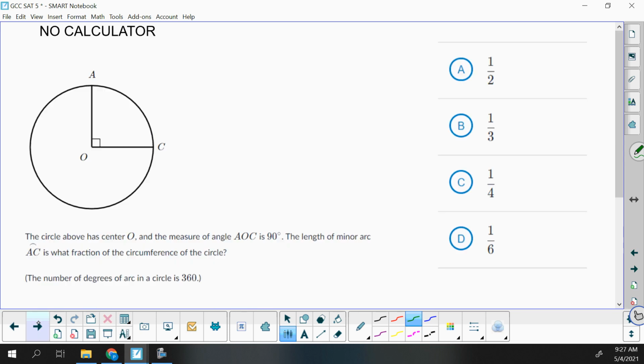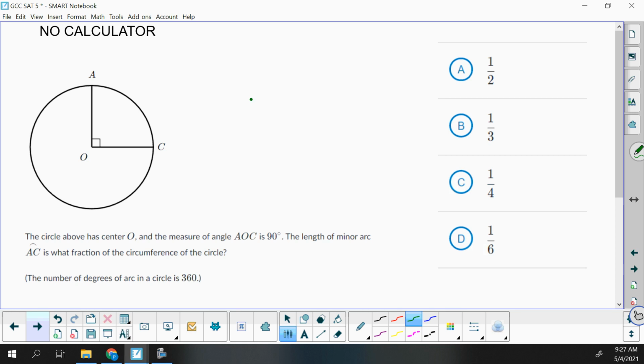Take a moment to read through the one on the bottom of page 27. So the minor arc is what fraction of the whole circumference?